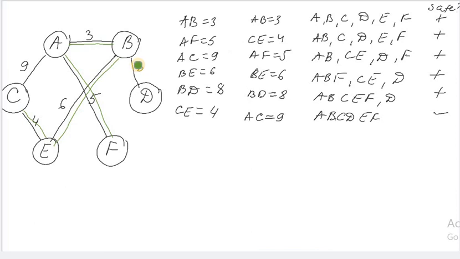BD is good, so we did this, and yeah, that's it. So this is the minimum spanning tree of this graph, and of course there might be many minimum spanning trees, but this one is just one of them. And if you count the weights, surely it's the minimum cost. So basically this is it about Kruskal's algorithm, and in the next video I will talk about Prim's algorithm.